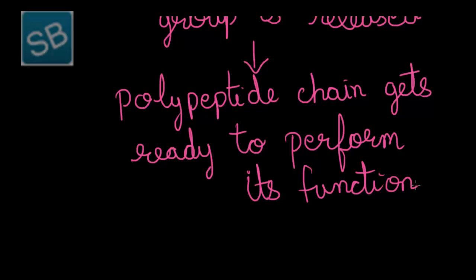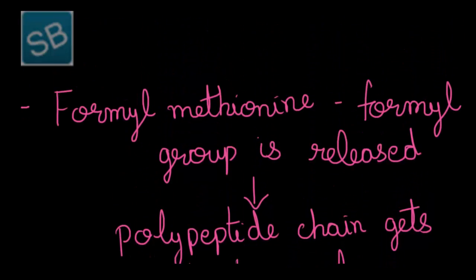That is, although the polypeptide chain gets formed, in order to activate its function, the initial amino acid group, that is formyl methionine, is necessary to release. However, there are a few times where along with formyl group, even methionine gets released.